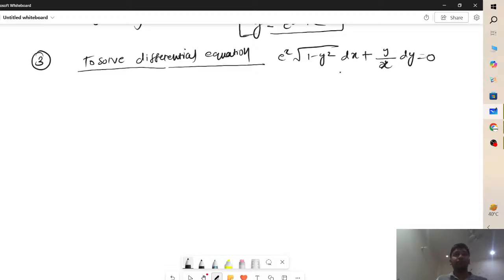Okay, so can anyone guess how to approach this question? You have the time of 30 seconds to think over it, and then I start solving the question.